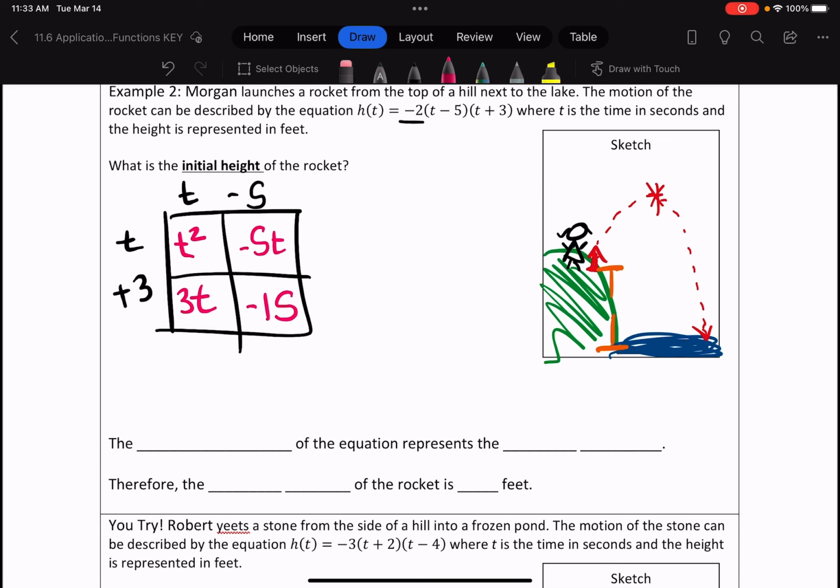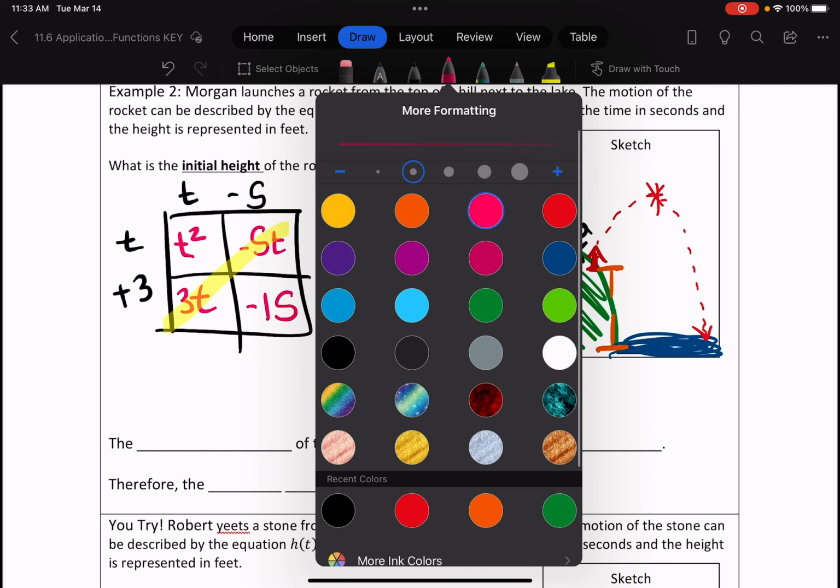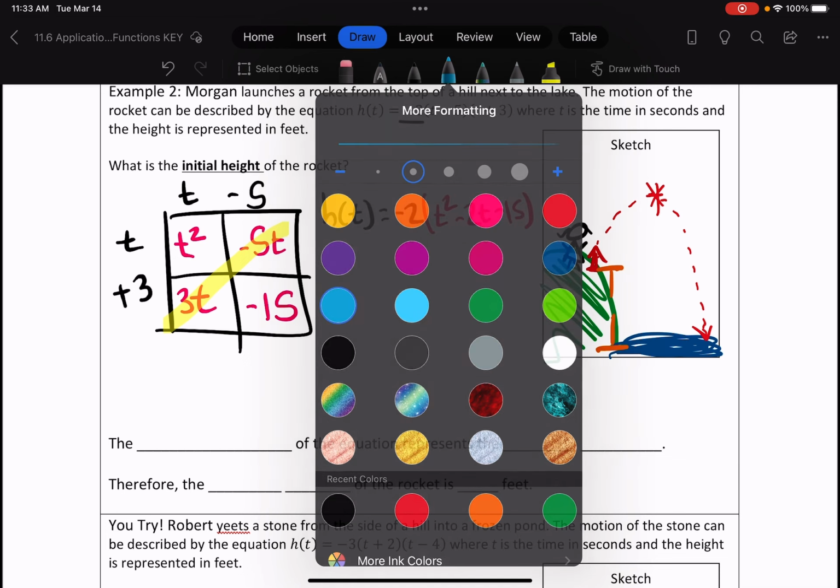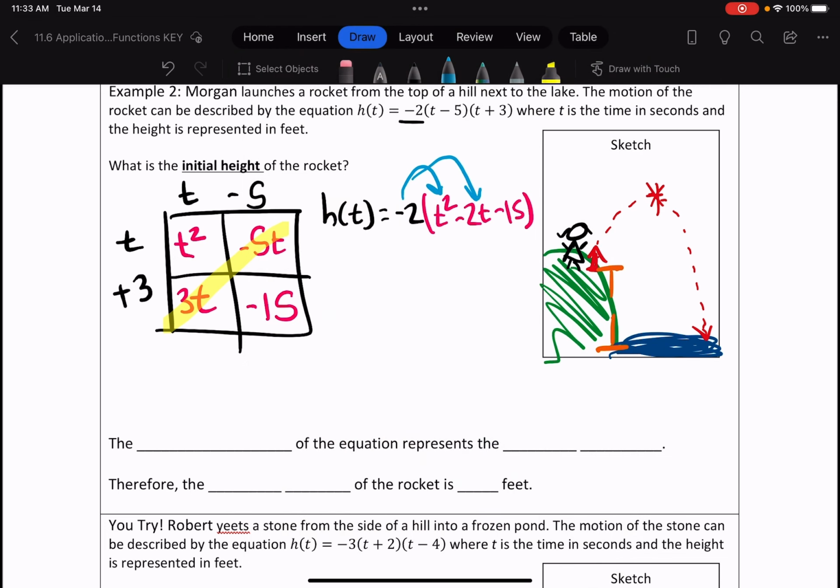I'm multiplying the components. I can then add like terms, and that'll give me h of t equals negative 2 multiplied by t squared minus 2t minus 15, since negative 5t plus 3t is negative 2t. Next step is to distribute the negative 2, which brings me to my standard form of h of t equals negative 2t squared plus 4t plus 30.